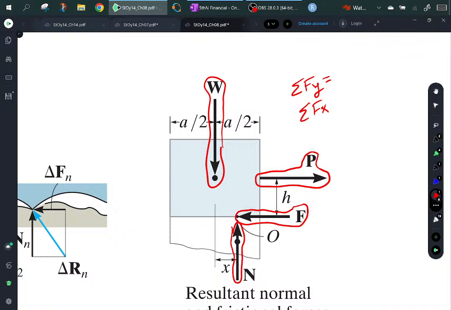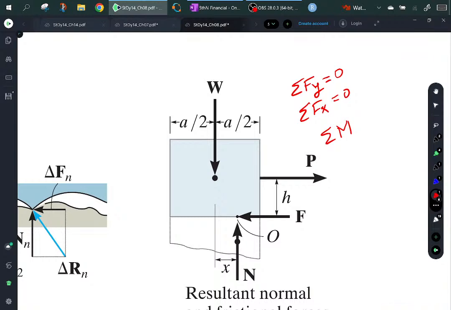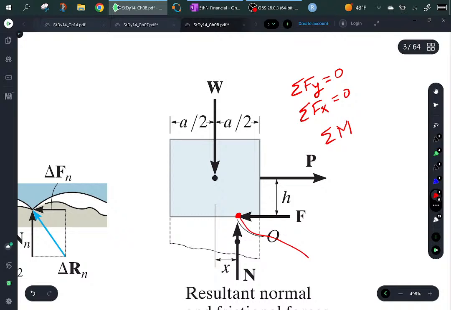The key is the sum of the moments. I mean, these are key too, but the sum of the moments, that's why the normal force slid to the right. If you look at this thing from this perspective, if you sum the moments about here, and you know where here is, then this moment produced by this and this moment have to be equal to 0.